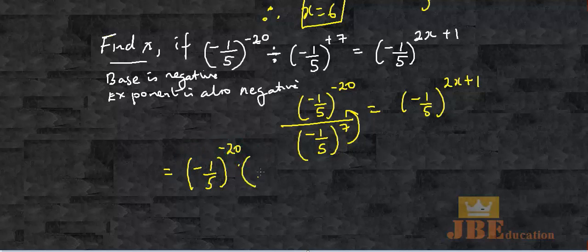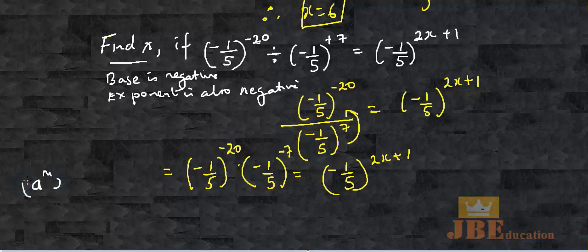This is multiplied with negative 1 over 5 raised to the power negative 7 equals negative 1 over 5 raised to the power 2x positive 1. Now we know a formula, a raised to the power m multiplied with a raised to the power n is a raised to the power m positive n.